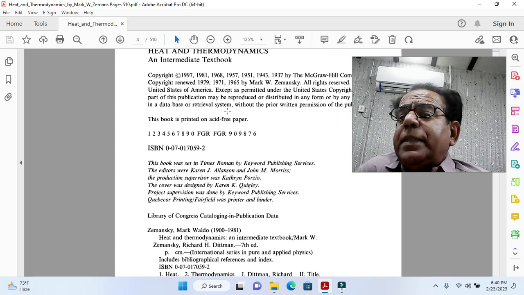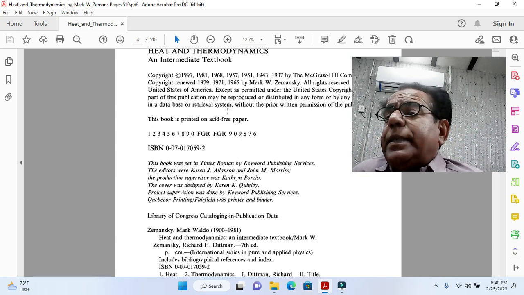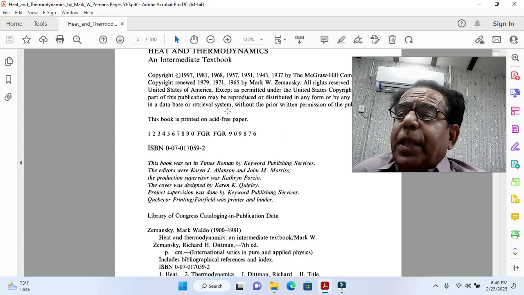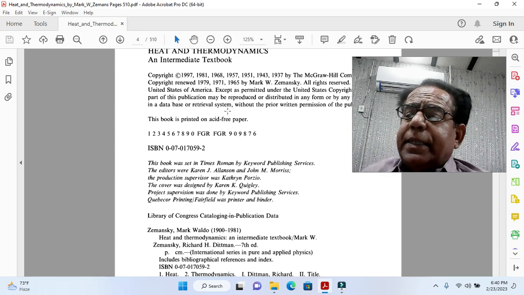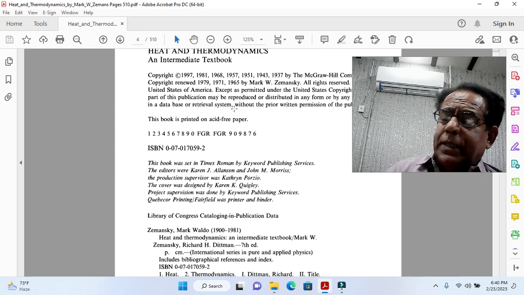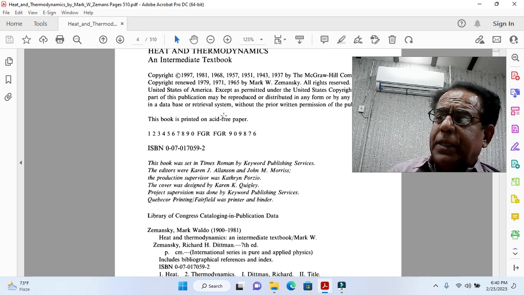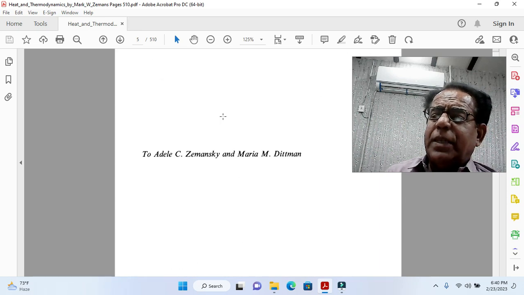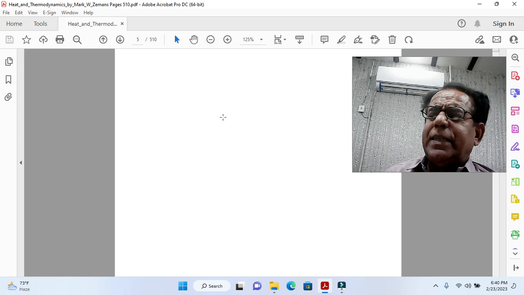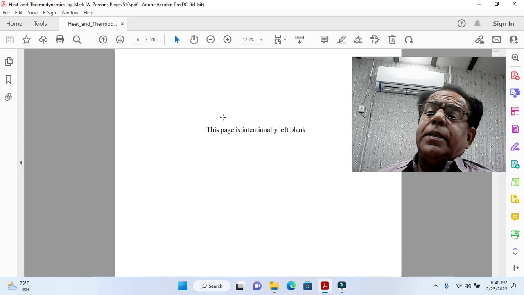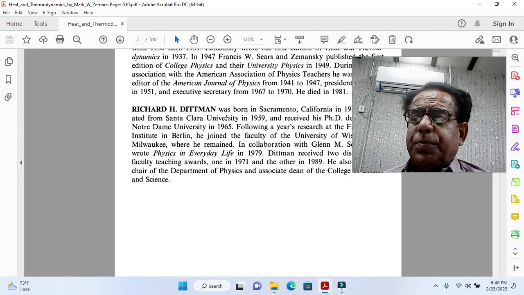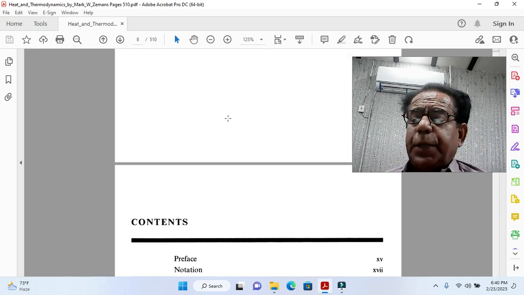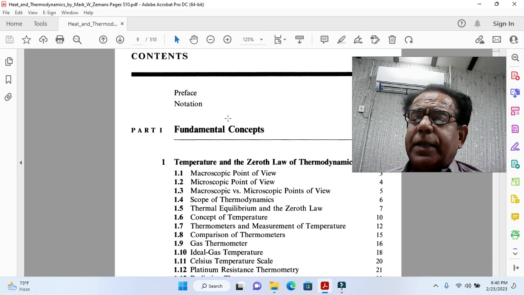Okay, it means this book started from 1937 and the last edition as per this soft copy was in 1997. And we should not say edition, perhaps print. Anyhow, contents. Okay, fundamental concepts.